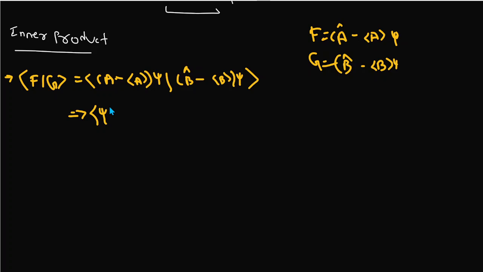Now we have to do the inner product of A cap minus the expectation value of A, and just like this, here we have B cap minus the B expectation value, and psi.